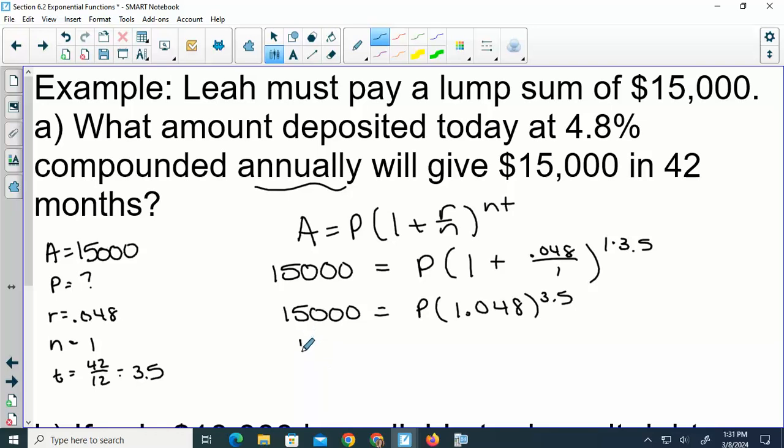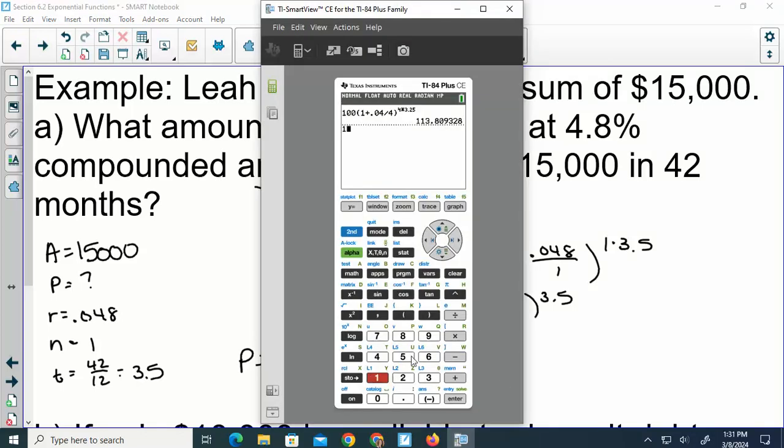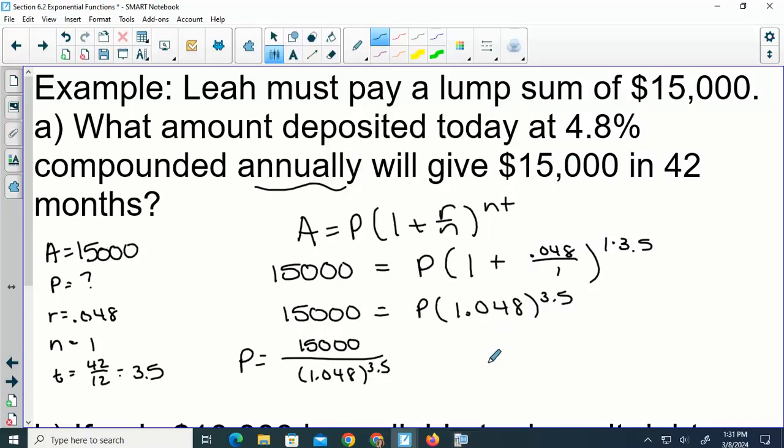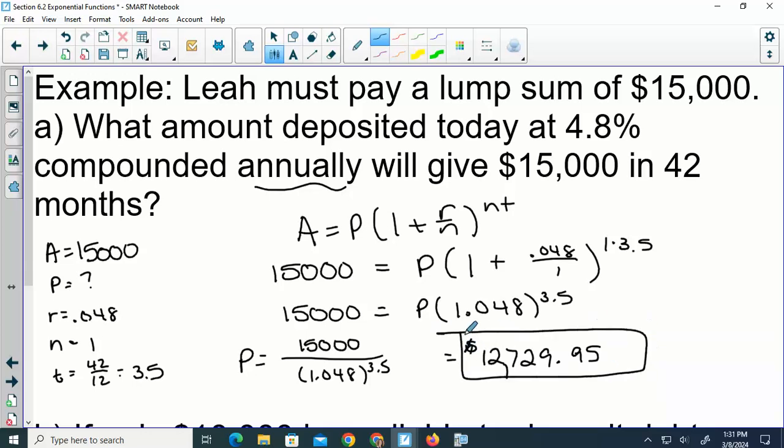Divide. So on my calculator, I would just put this all in. So 15,000 divided by 1.048 to the 3.5 power. So we get $12,729.95.